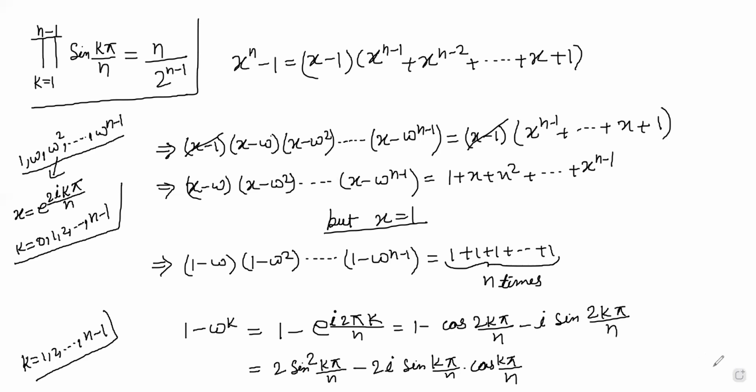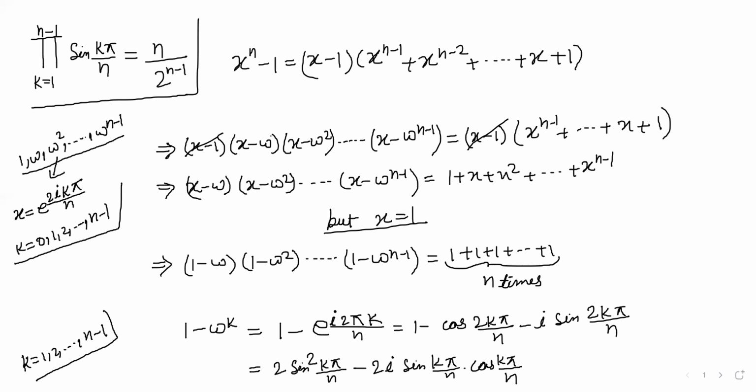Now, in the next step, what can I write for 1 minus omega to the power k? I will multiply this very first term by iota to the power 4. And iota to the power 4 is just a positive quantity, so we can do it, right?